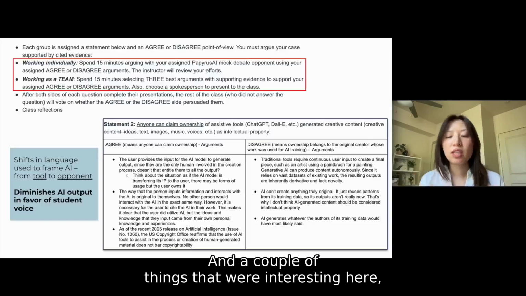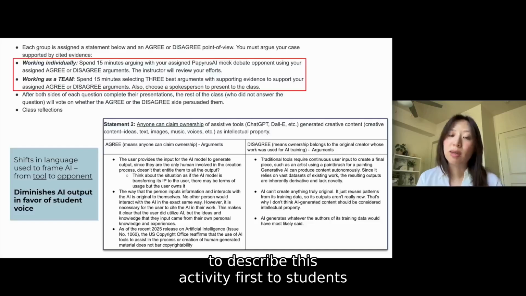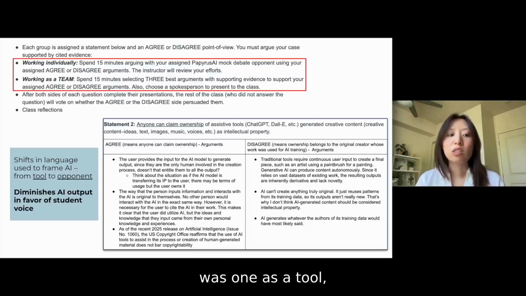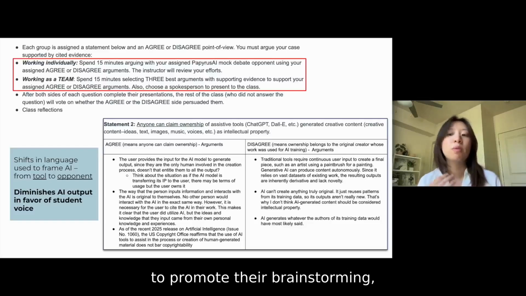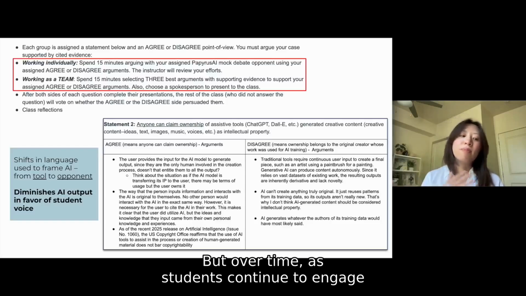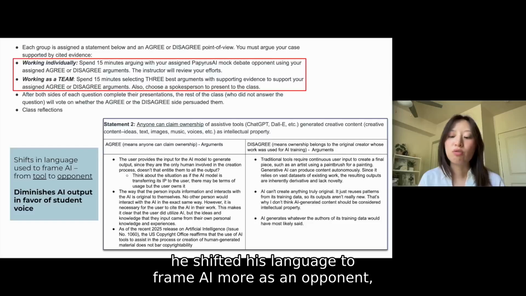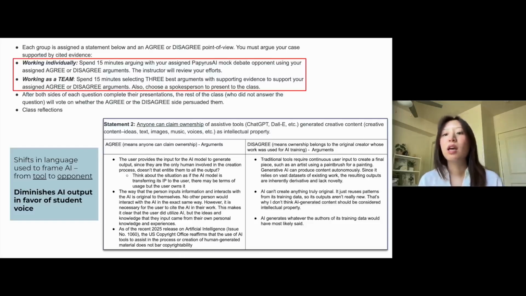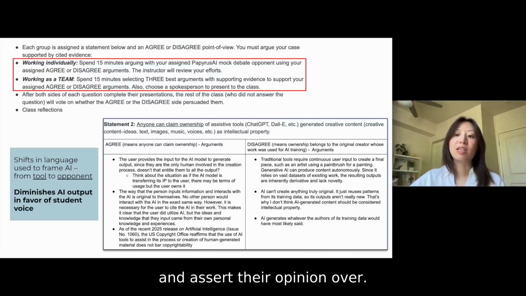And a couple things that were interesting here. First is that the language that he used to describe this activity first to students was one as a tool to promote their critical thinking, to promote their brainstorming, to give them a wall to bounce ideas off. But over time, as students continued to engage with the tool in this way throughout the quarters, he shifted his language to frame AI more as an opponent, particularly an opponent for them to try to win over and assert their opinion over.